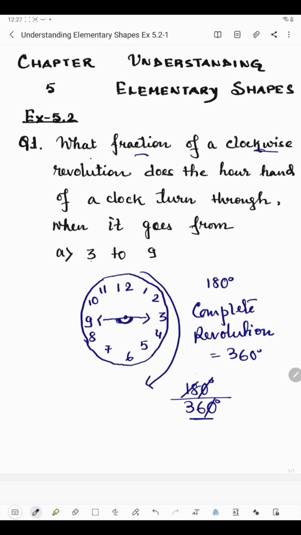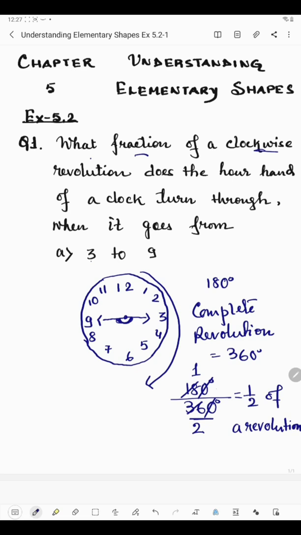If you cancel the zeros, 18 ones are 18, 18 twos are 36. We divide 18 by 18 and 36 also by 18. While dividing, we always take the same number to divide the numerator and denominator. So it is half of a revolution.